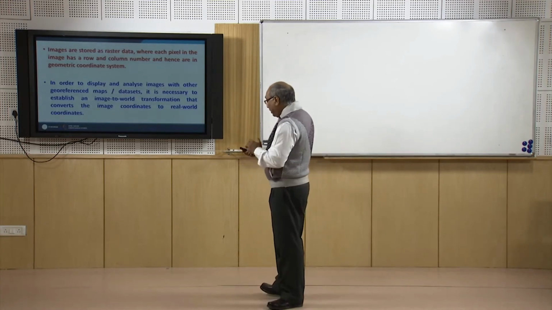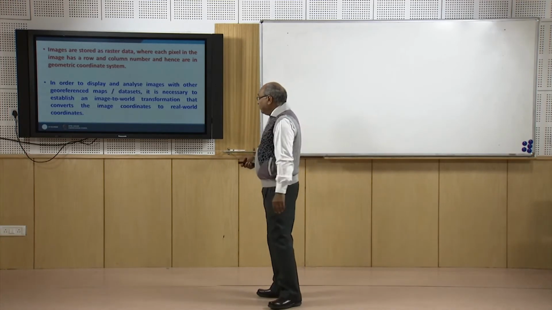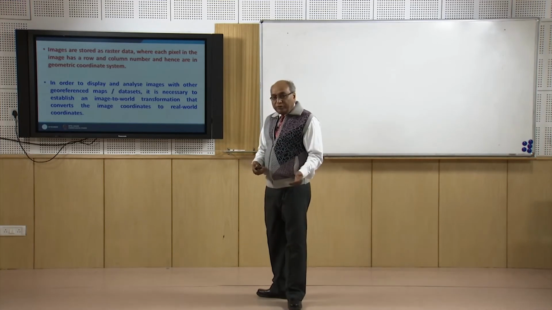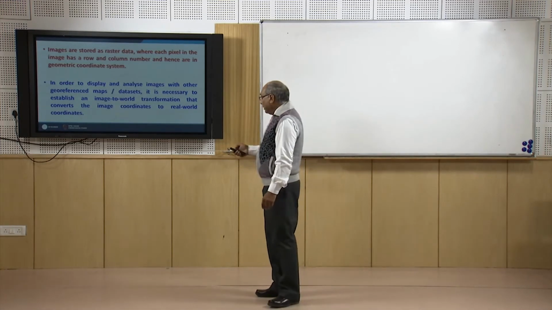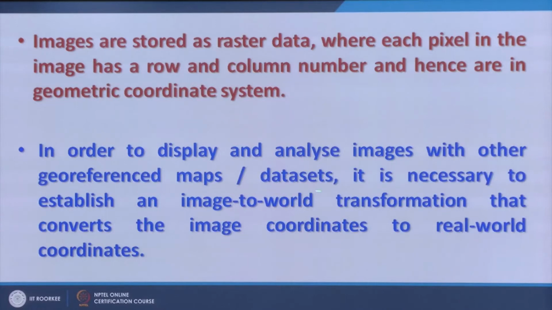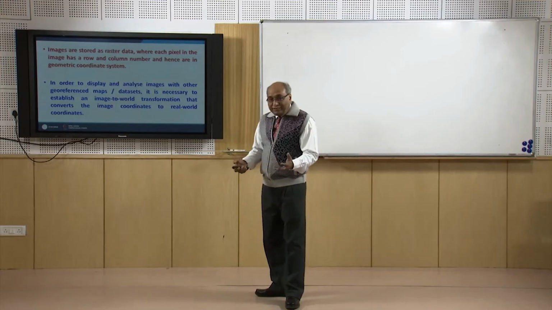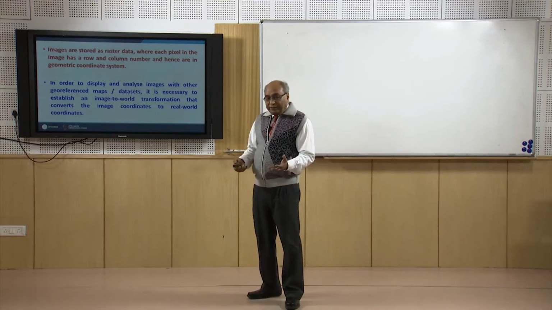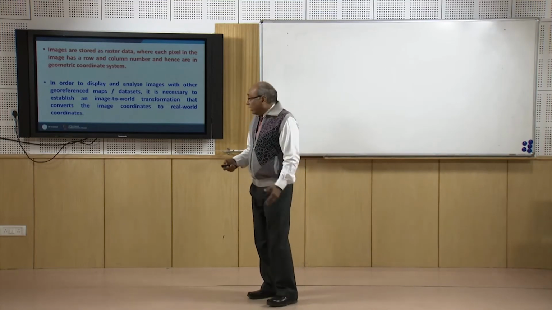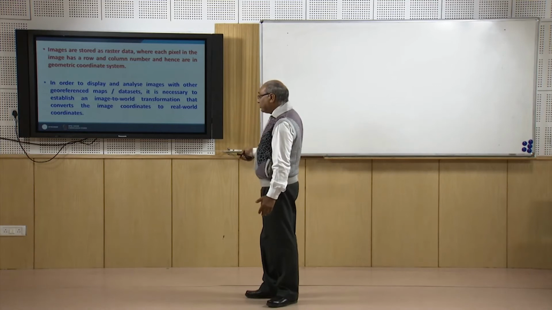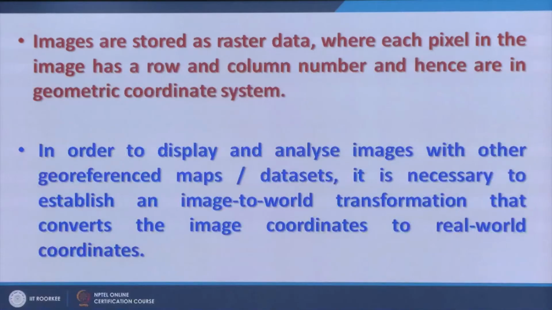And in order to display and analyze these images in digital image processing or on GIS platforms, we need to have georeferenced maps or data sets. That means we need to have something for referencing, and that is necessary to establish an image to world transformation.